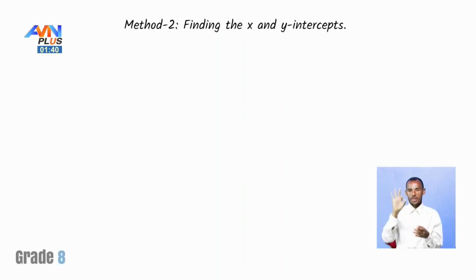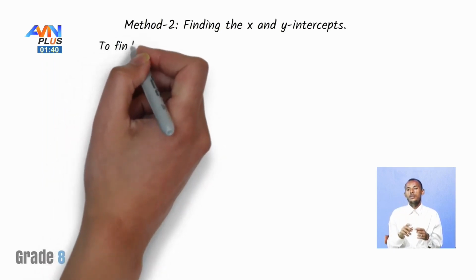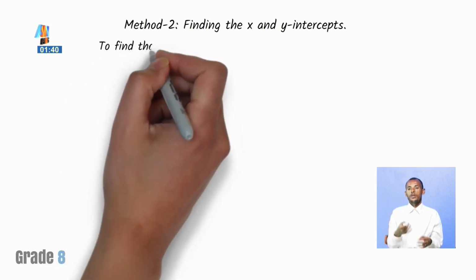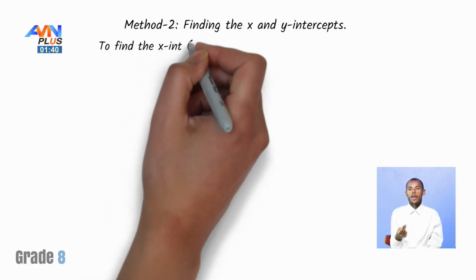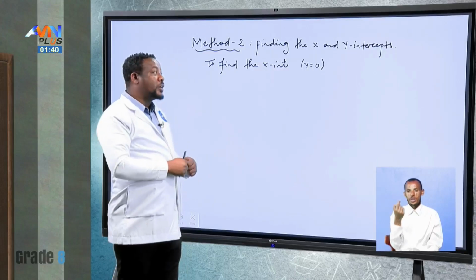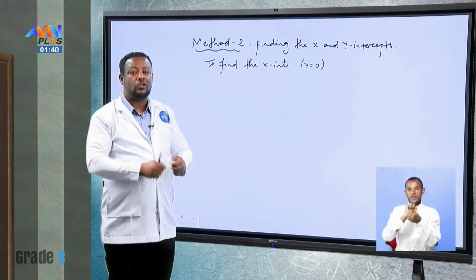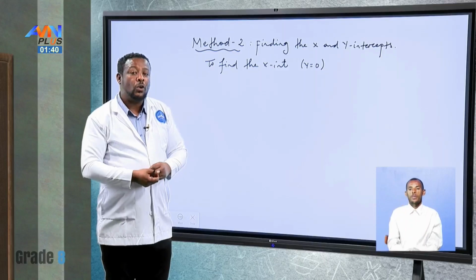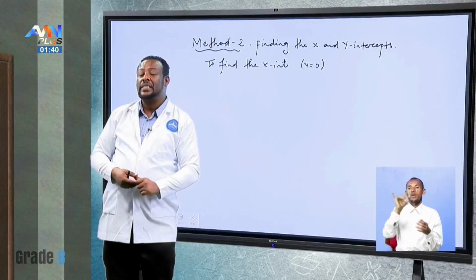Okay, to find the x-intercept, we usually make y equal to 0. Okay, always whenever you are calculating the x-intercept, you need to substitute y equals 0. Do you know why we are using y equals 0 to find the x-intercept?